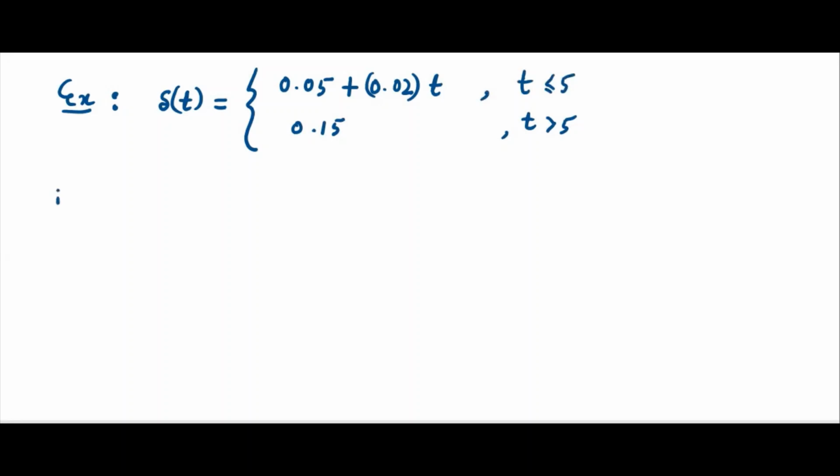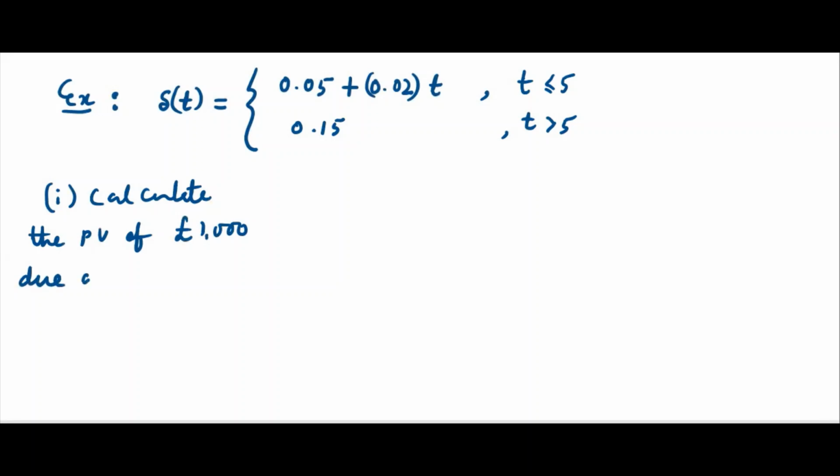The question is, calculate the present value of 1000 due at the end of 12 years.